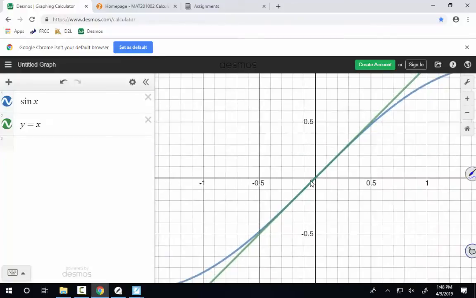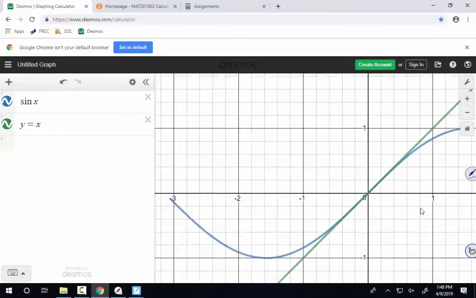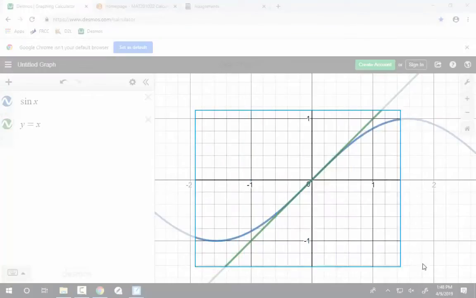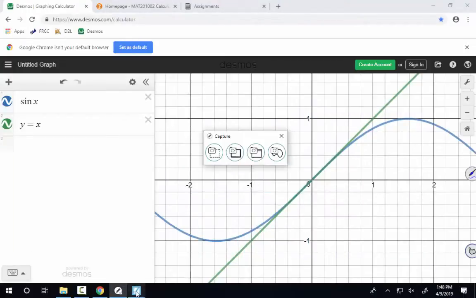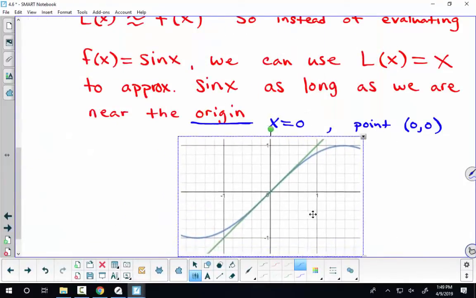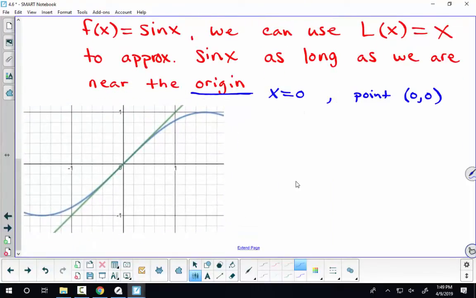But if we get close enough to the origin, we virtually can't tell the difference between the sine function and the simple function y equals x, which was our linear approximation. Let's just label these things here.